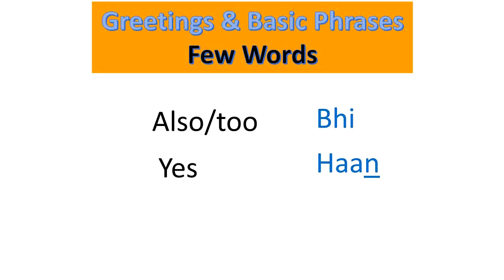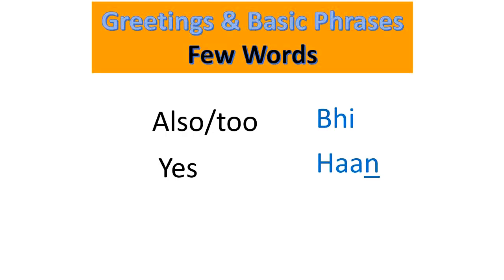Again, notice underlined N is showing you that the word to be pronounced using nasal sound, or the sound should go through your nose, passes through your nose. Speak with me. Ha.